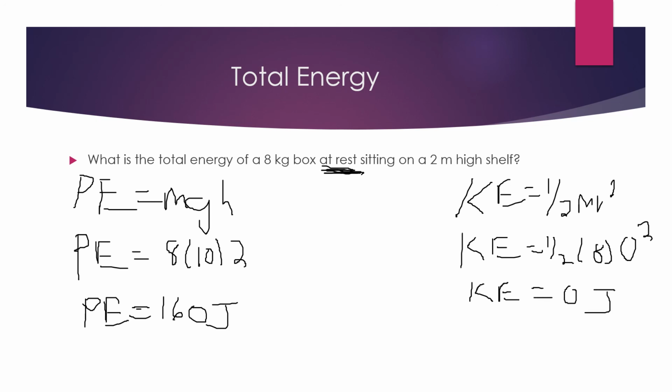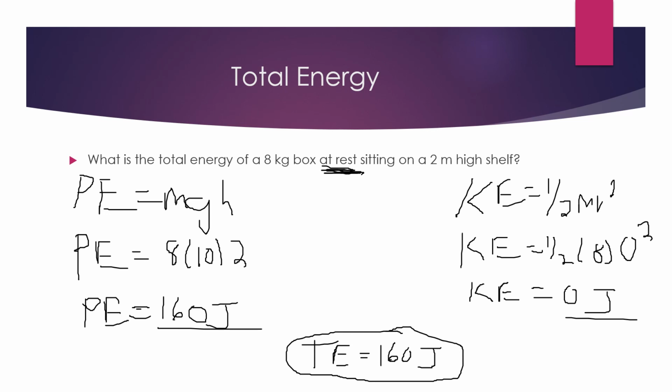So to get the total energy, it's just going to be 160 plus 0. Sometimes the total energy can just equal one of the others. For example, if you don't have any kinetic energy, in this case, your total energy is going to be the same as the potential energy, because the potential energy is all the energy that you have. Simple. Don't forget to read the problems.